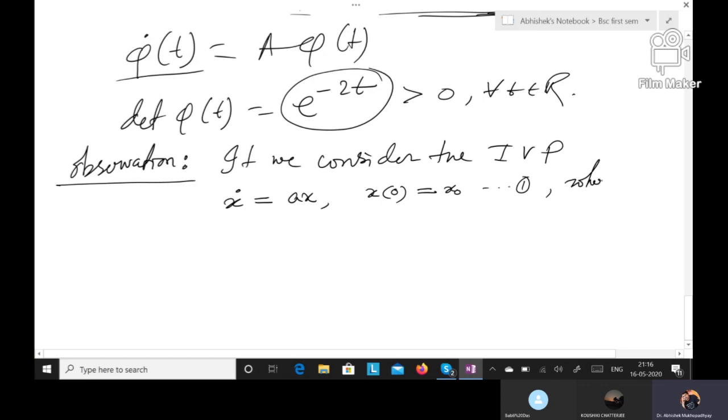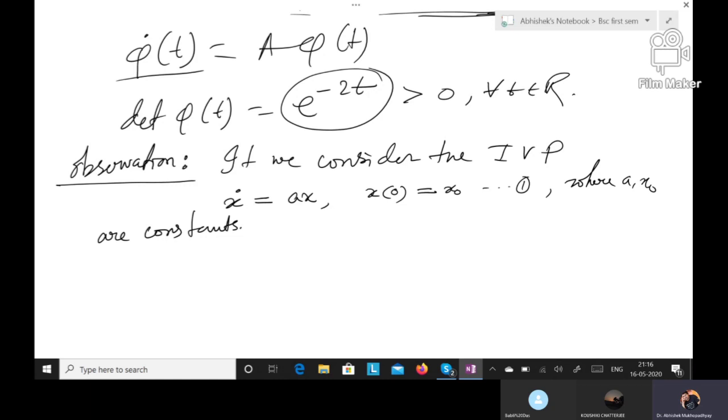where a and x naught are constants, that is real numbers. Suppose that we are considering an initial value problem, x dot equal to ax, x at 0 the value is x naught.